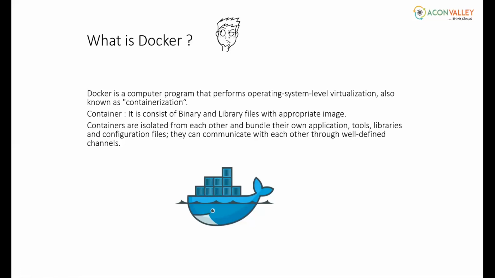And that's exactly what Docker does, because for such a heavy application, you don't have to install it, you don't have to configure it. You just have to pull the images from Docker Hub, and then you can smoothly operate the applications like this whale. That's why they have given this symbol.